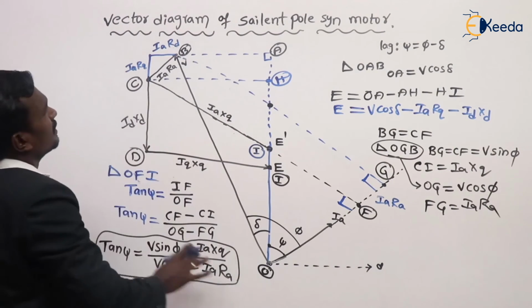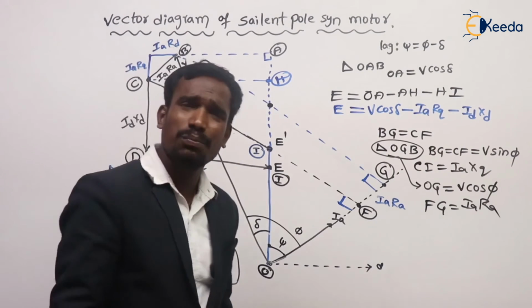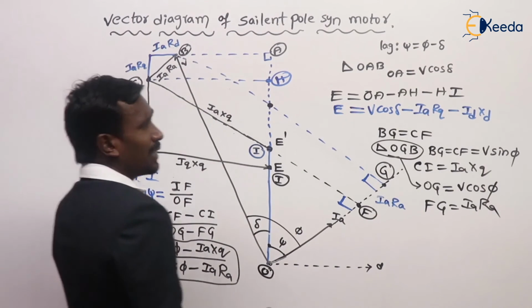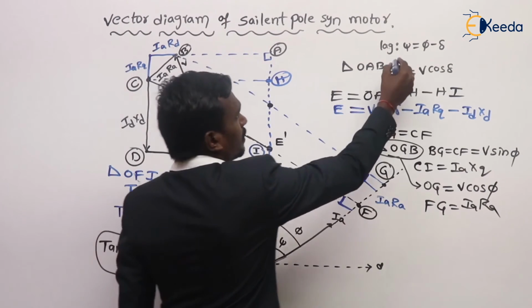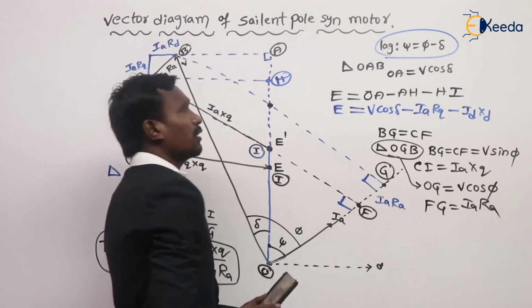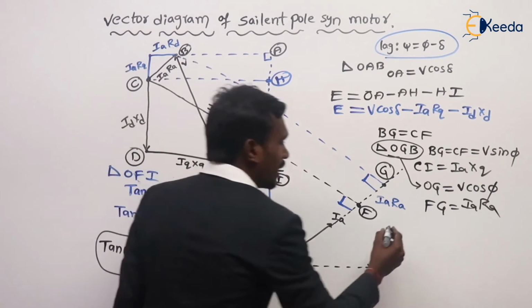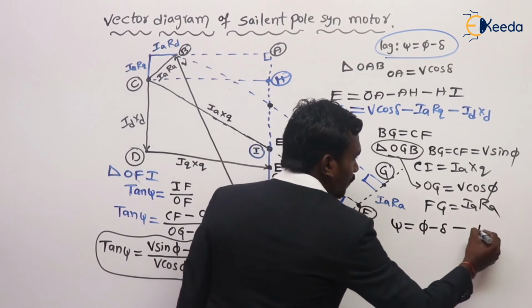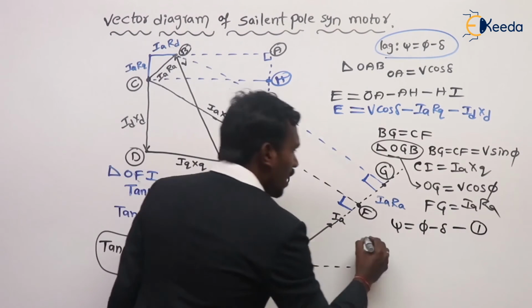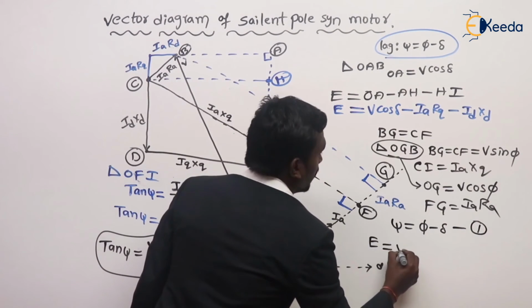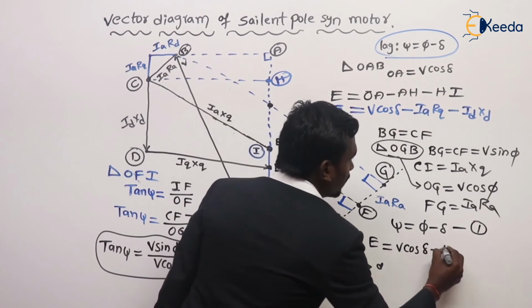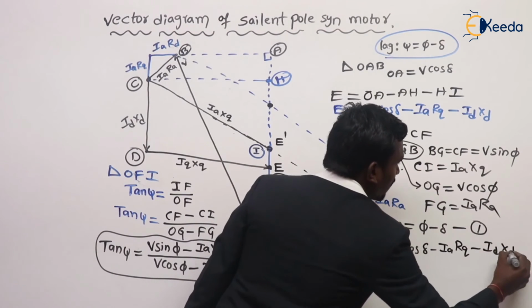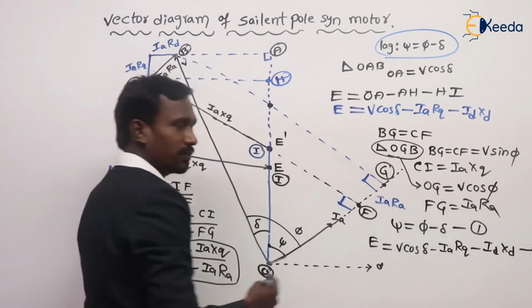So finally, this is the vector diagram for the salient pole synchronous motor, lagging load. For the lagging load, finally we got xi is equal to phi minus delta, the first equation. The second equation: EMF E is equal to V cos delta minus IARA minus IDXD.